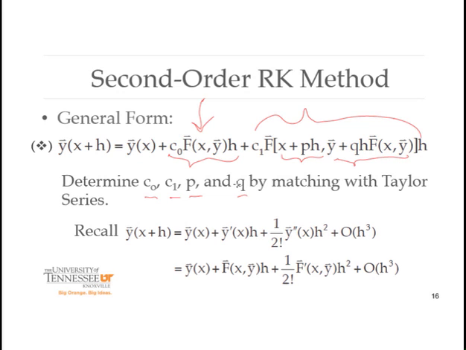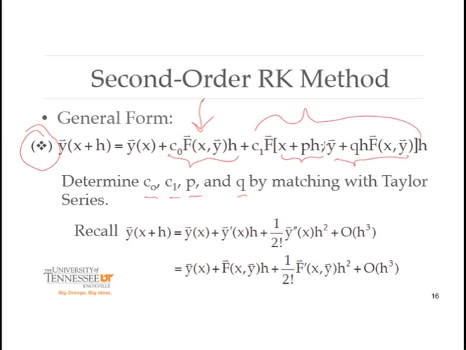Because we're going to look at different ways of deriving this particular equation, I've indicated it with this diamond pattern, so we'll call this the diamond equation. That again is the general form for the second order Runge-Kutta method, and we'll come back to it later as we find different ways of representing these terms.